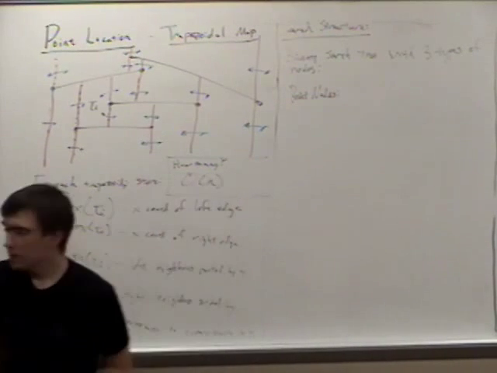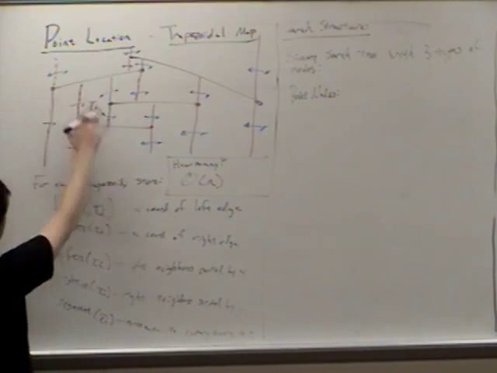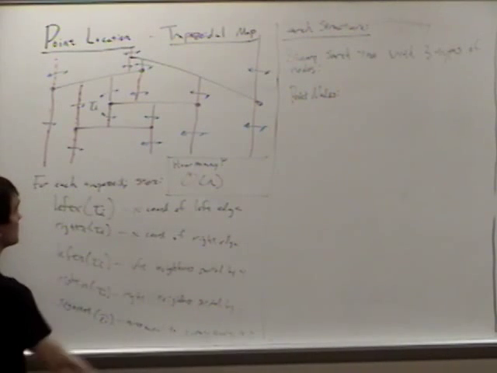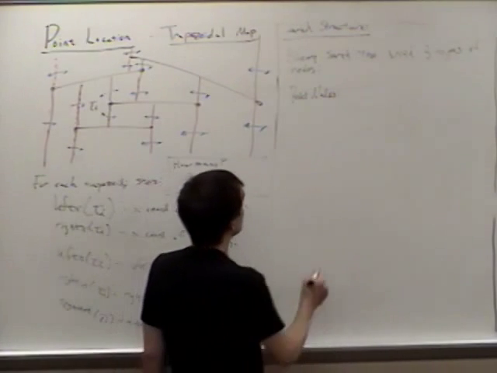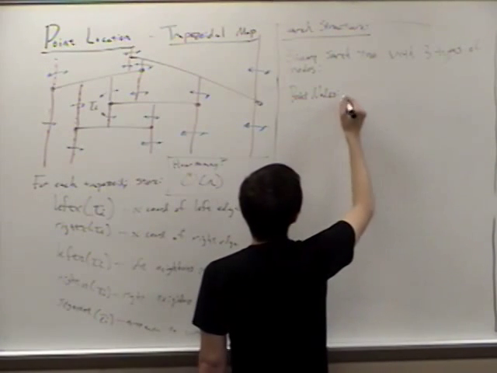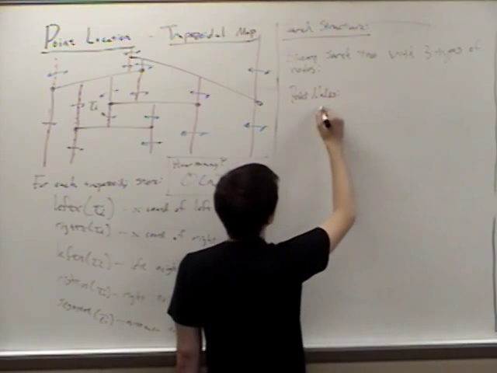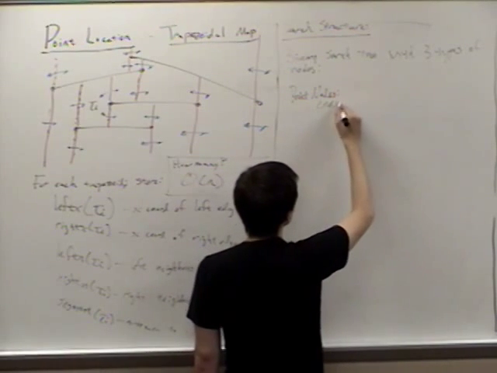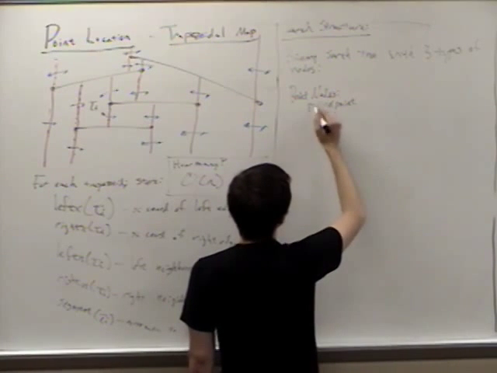Now, the idea is that each point node we're going to think of as cutting the space into the space which is to the left of the point node and the space which is to the right of the point node. So we're going to have basically 3 pieces of data here. We'll have the endpoint. We'll call this P.